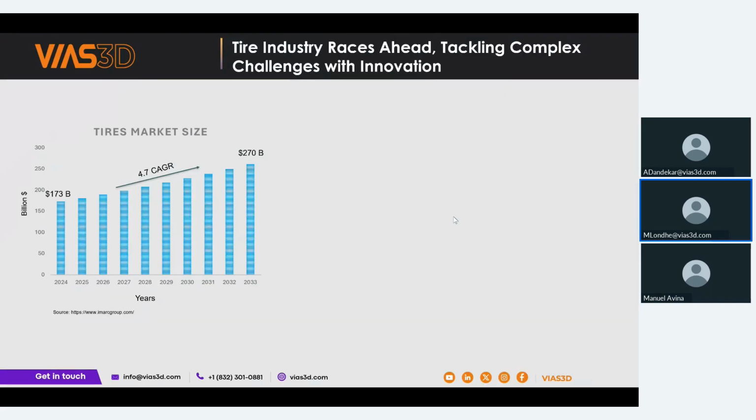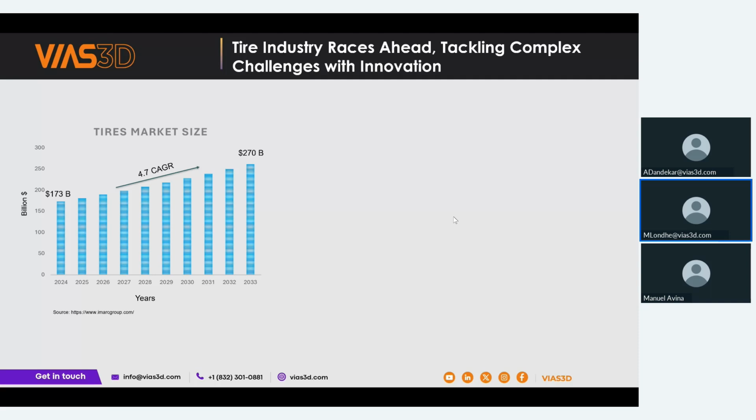Before going to our main technical topics, just a quick look at the big picture. As of 2024, the global tire market was valued at around $173 billion, and it is expected to grow at a compound annual growth rate of 4.7% in the coming years.